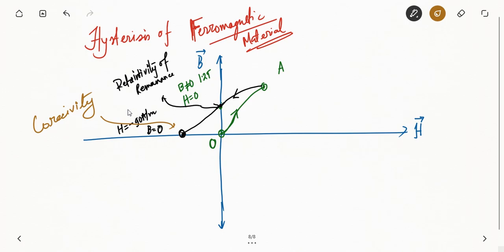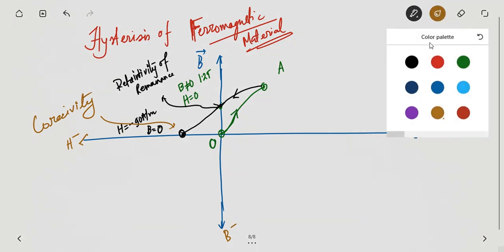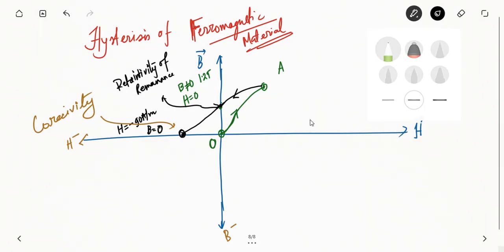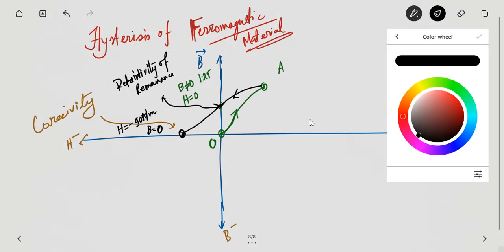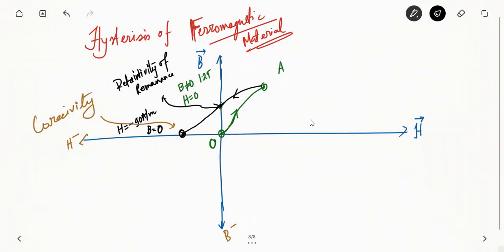Now further reduce and turn the current in reverse. In case of reverse current, here is a minus H, and obviously here is a minus B. Further reduce, so in terms of reverse current, suppose at that point the current is in the negative direction.